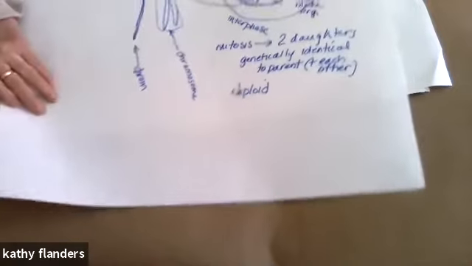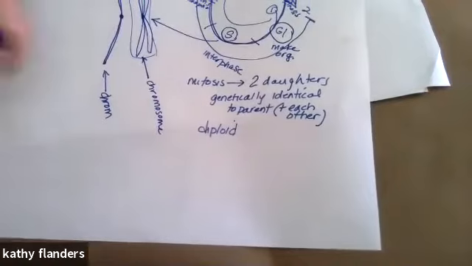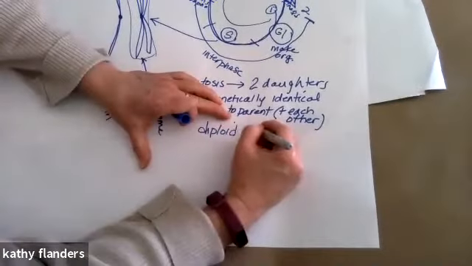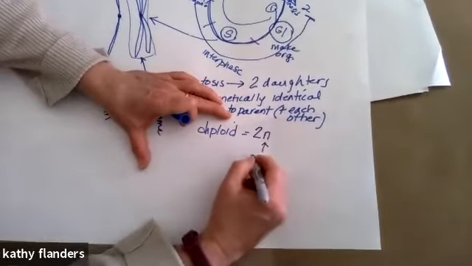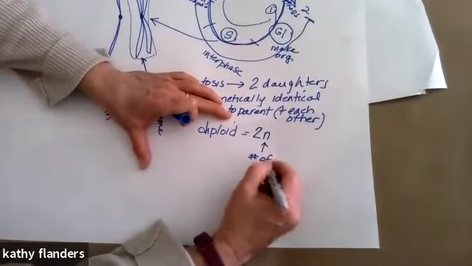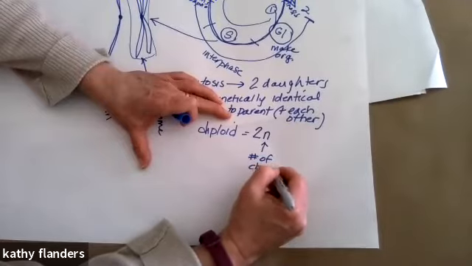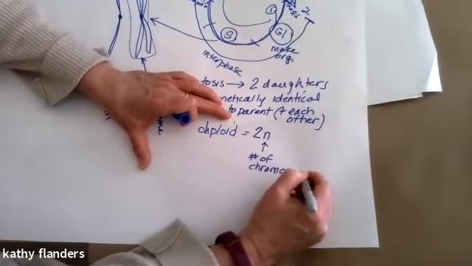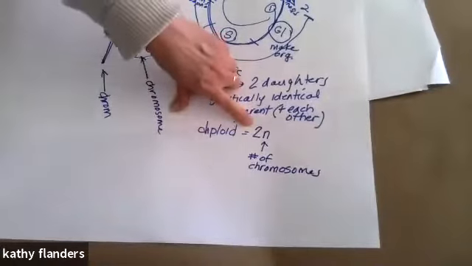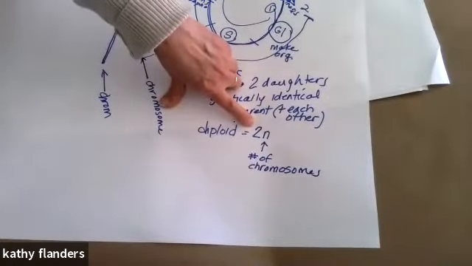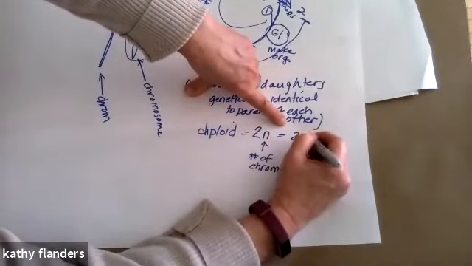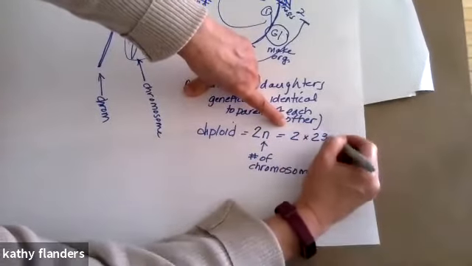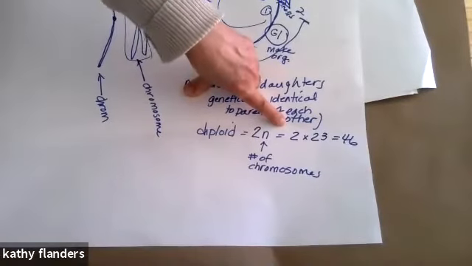So if we're talking about humans, that's going to be 2n, and n is going to be the number of chromosomes. So diploid is equal to 2n. So for humans, it's going to be 2 times 23, or 46.